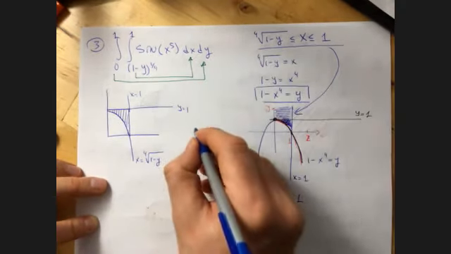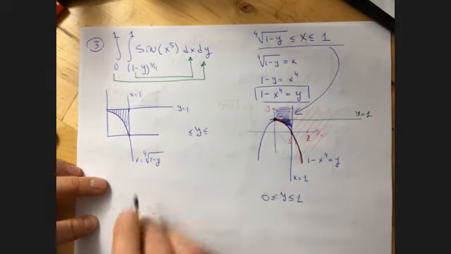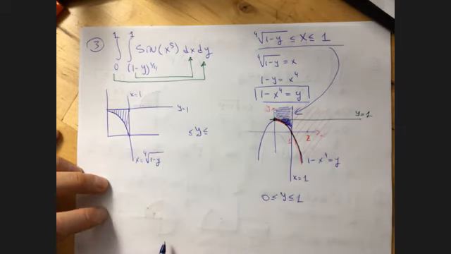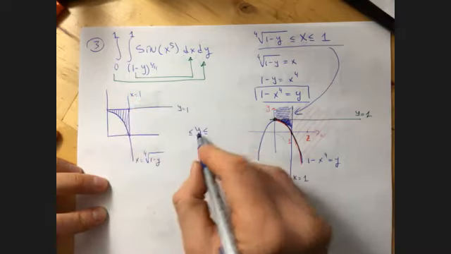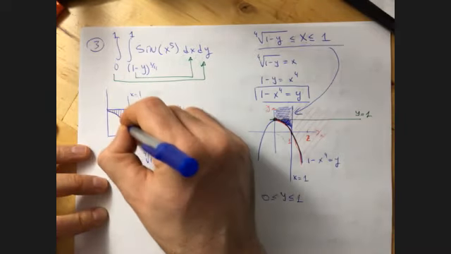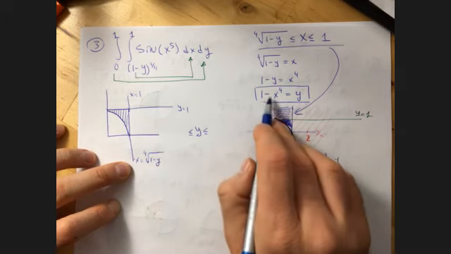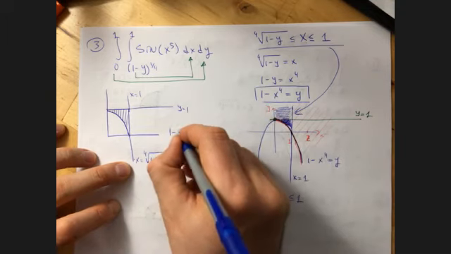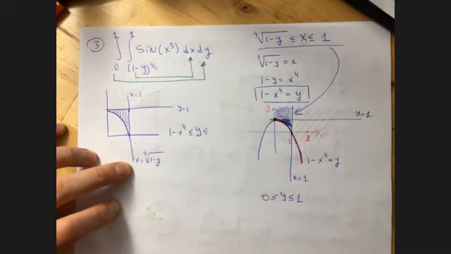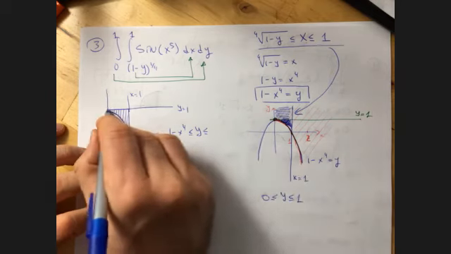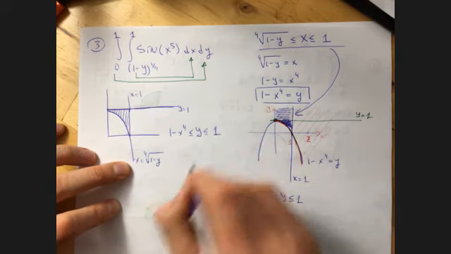I want to write y that is bounded between functions of x. So y goes from this curve here, expressed in x, that's 1 minus x to the power of 4, and it's less than, obviously, the upper boundary, that's 1.